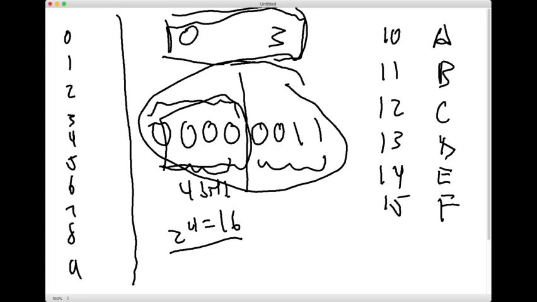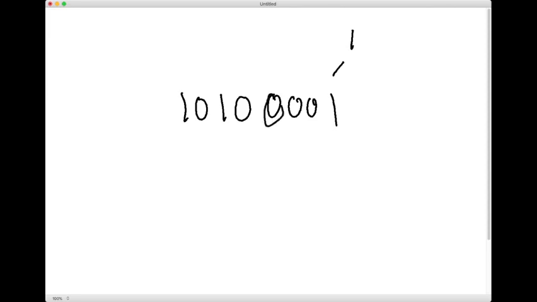Okay, so let's do more examples. Let's say you have a bit sequence, a single byte, of 0, 1, 0, 1, and then 0, 0, 0, 1. Now in binary, this corresponds to 1. This is the 2's place, and then this is the 8th place.